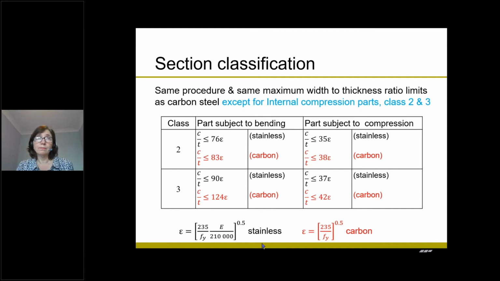For example, here we have the section classification limits, and I've put in black the limits for internal compression parts for stainless, and the slightly higher limits for carbon steel. Apart from that, all the carbon steel limits apply.